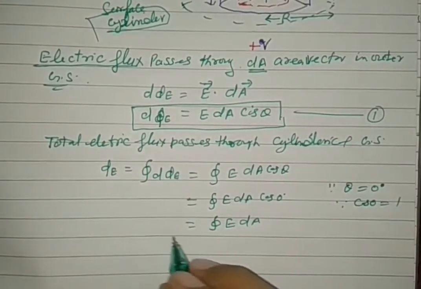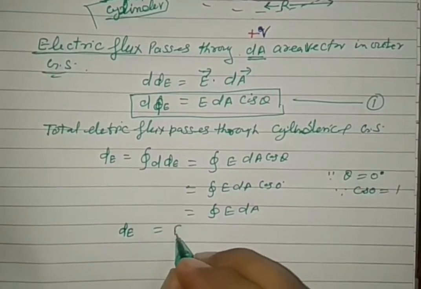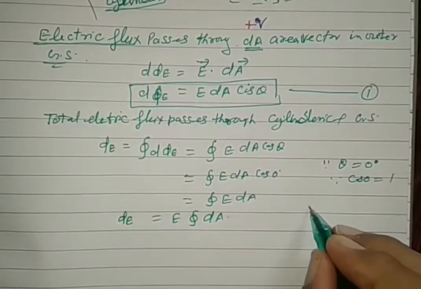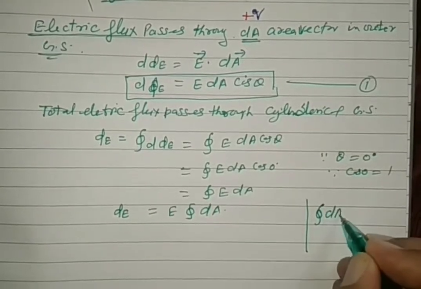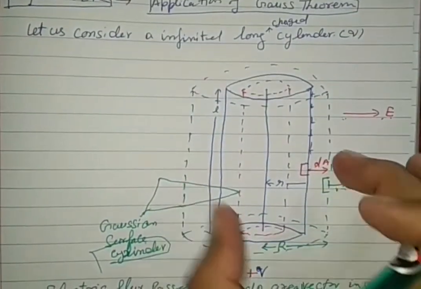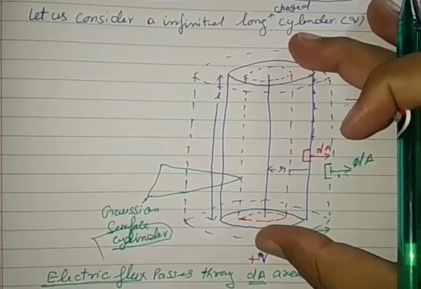Now the total electric flux is equal to E closed integral dA. Now see, integral dA is the total surface area. What is the shape of the Gaussian surface here? See, this is a cylinder. No flux passes through the upper and lower surfaces of the cylinder.